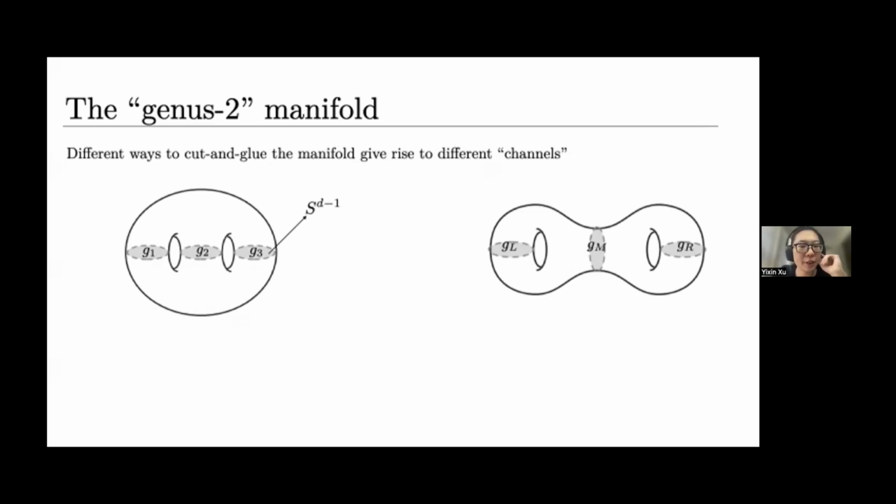The first way is to build a genus-2 manifold by taking two copies of flat space, removing three balls from each of them, and gluing their boundaries with a cylinder. In this construction, the flat conformal structure of the genus-2 manifold is determined by the gluing maps. I will call them G1, G2, and G3. The G1, G2, G3 are orientation reversing conformal transformations.